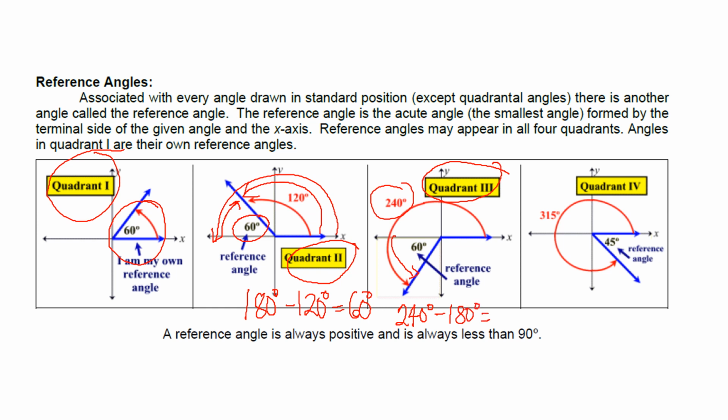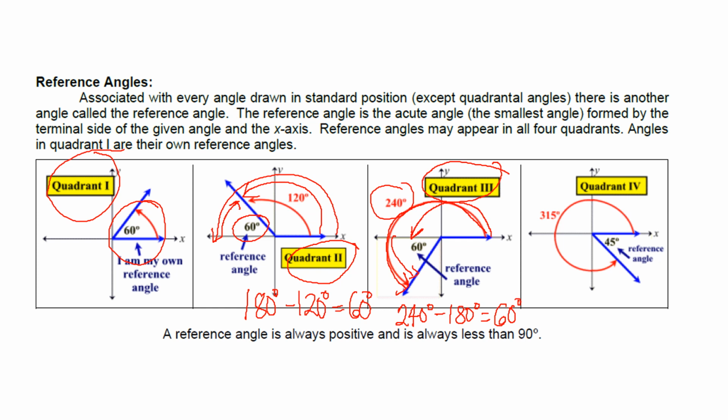Why do we need to subtract 180? Because this is already 180 degrees, and the entire angle with the red arrow is 240. So 240 minus 180 degrees is 60 degrees. That is our reference angle in quadrant 3.